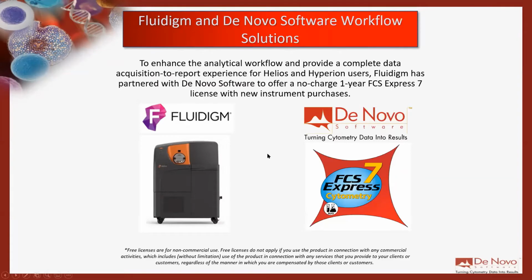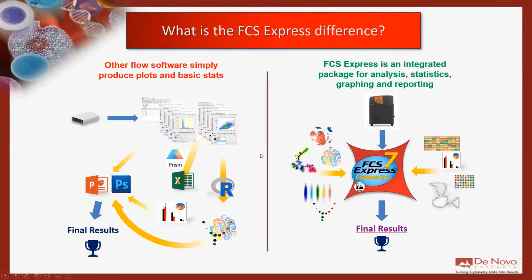Today it's also a good opportunity to see why FCS Express is so special. And this is probably the most important slide that I'm going to show you today. At the left, you can see the standard workflow in data analysis. At the right, you can see the FCS Express way of doing data analysis. At the left, you acquire your data on the instrument, and then you start creating plots and gates.